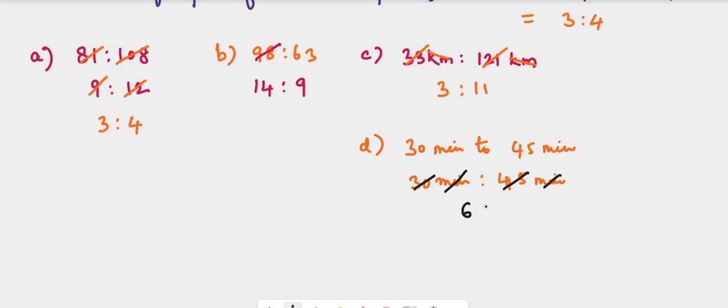So 6 times and 9 times. Again 3 table possible. 2 and 3. These are the 4 ratios: 81 to 108, 98 to 63, 33 kilometers to 121 kilometers, 30 minutes to 45 minutes. Next we are going to discuss the next question.